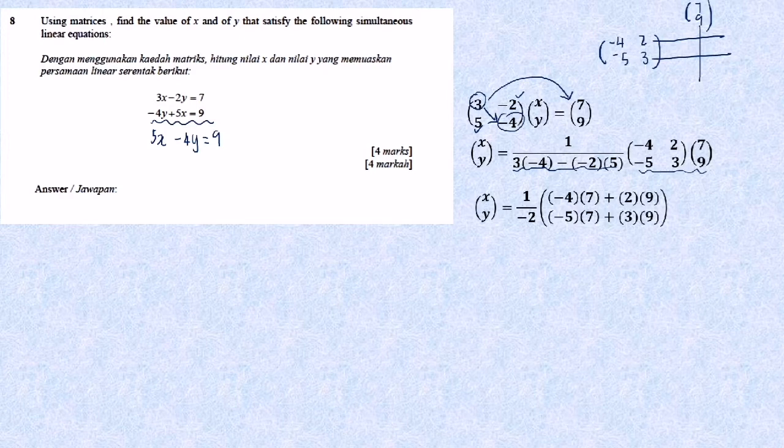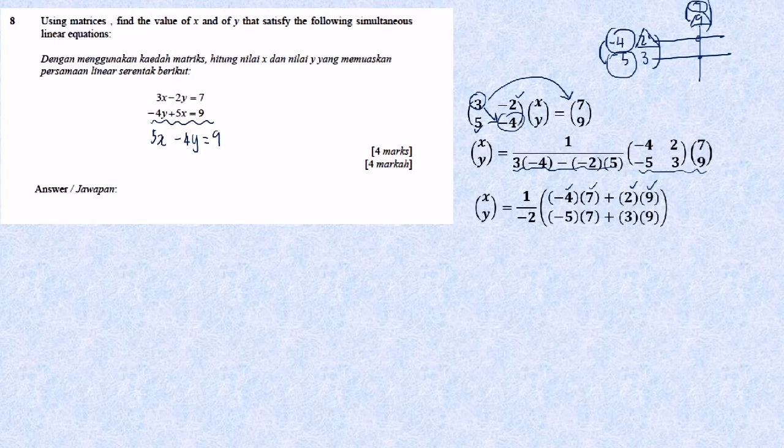Draw the line. Okay, first number is negative 4 times 7 plus 2 times 9. So you write here negative 4 multiply 7 plus 2 times 9. Second row also you do the same thing, negative 5 times 7 plus 3 times 9.